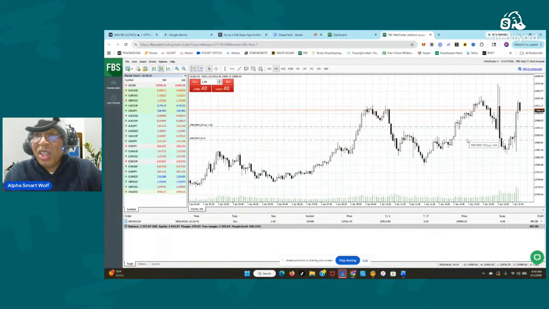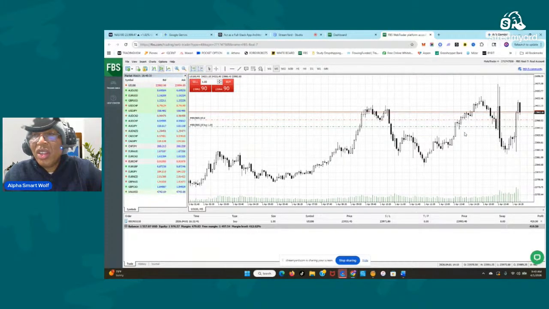We can move our stop loss here, so it's going to take us out if it makes it all the way down. I just moved our stop loss to the bottom of this candle here.